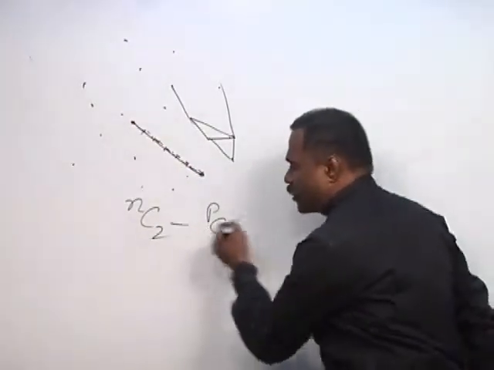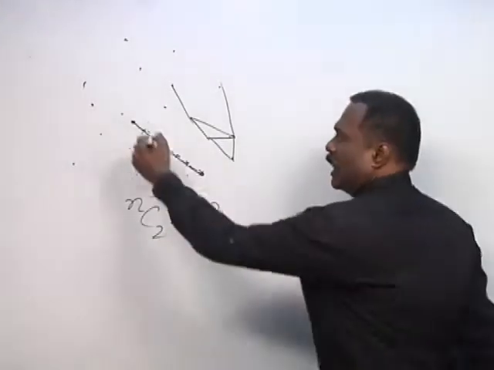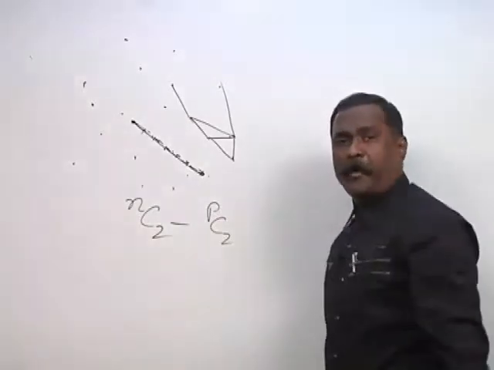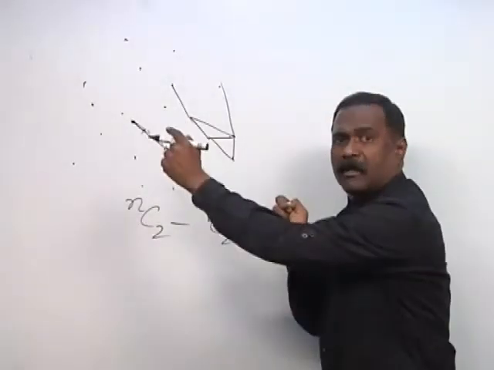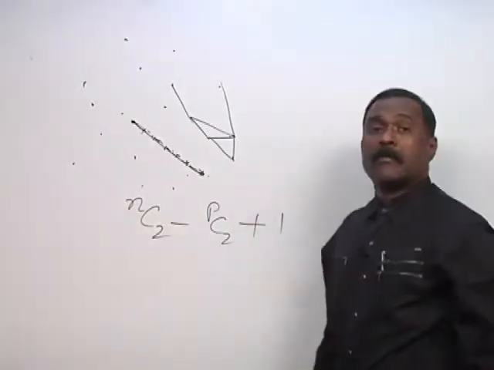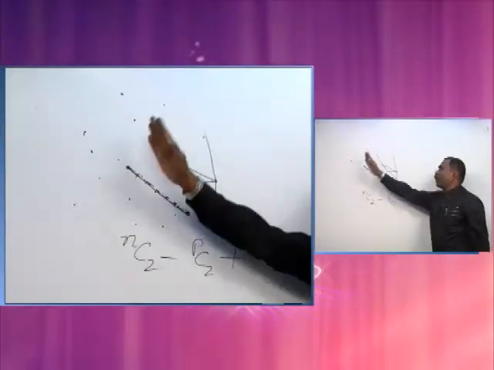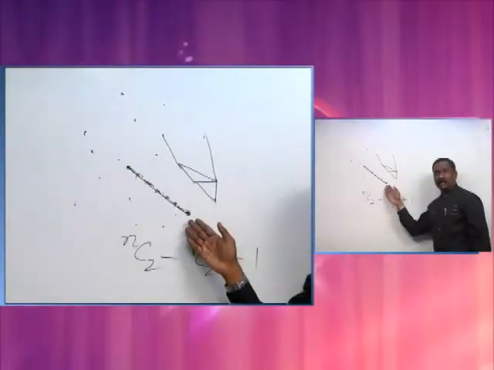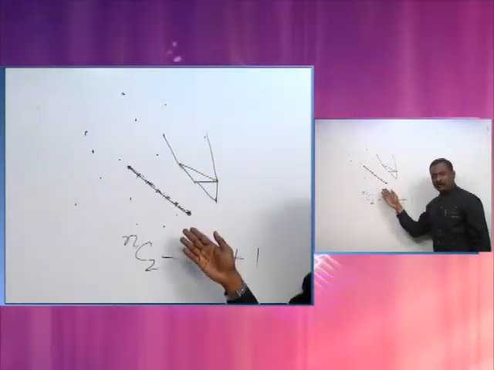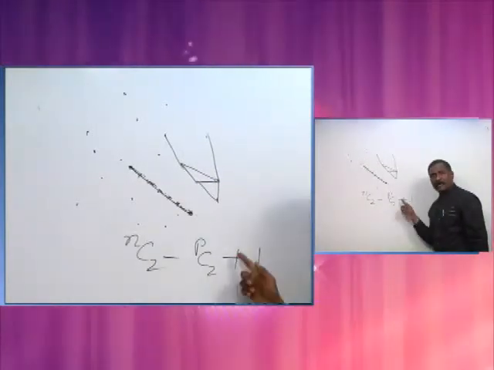That is why it is to be subtracted, nC2 minus pC2. But the entire p points form a single line. That single line is of course to be added, so plus 1. So when on a plane n points are there, among them p points are collinear, then the number of lines that can be formed are nC2 minus pC2 plus 1.